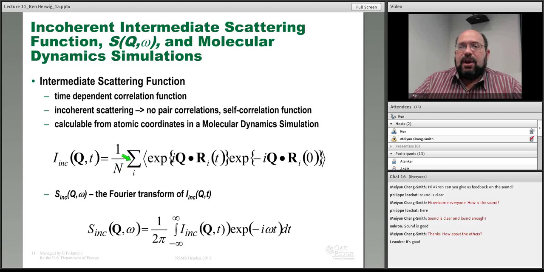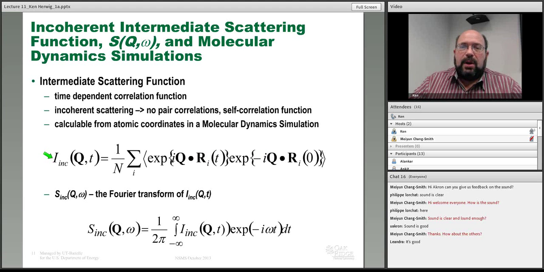The things that show up in this formula are just the atomic coordinate of atom i at time t equals 0 when you start your calculation, and the coordinate at some time t later of the same atom i. Those position vectors are then dotted into the q vector.